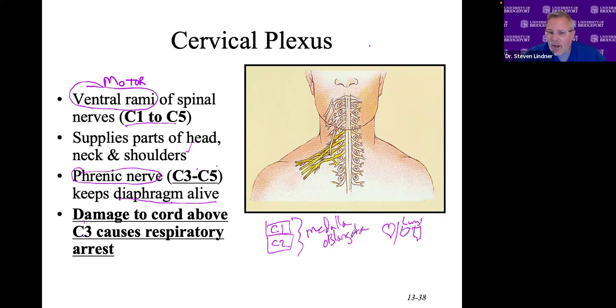And this can cause respiratory arrest, especially in a condition that's known as SIDS, which stands for sudden infant death syndrome. Sudden infant death syndrome is commonly caused by birth trauma, meaning there's an excessive amount of pulling on an infant's head and cervical spine that can damage and stretch C3, 4, and 5, kind of like a distraction of the spinal cord and the nerve roots.